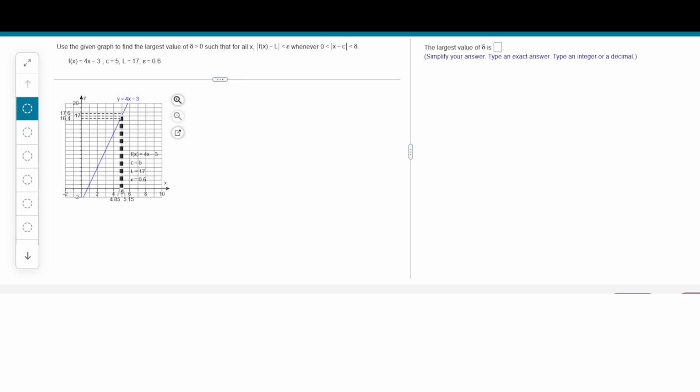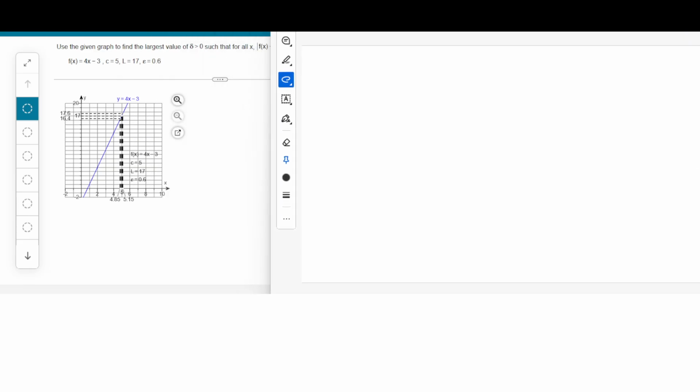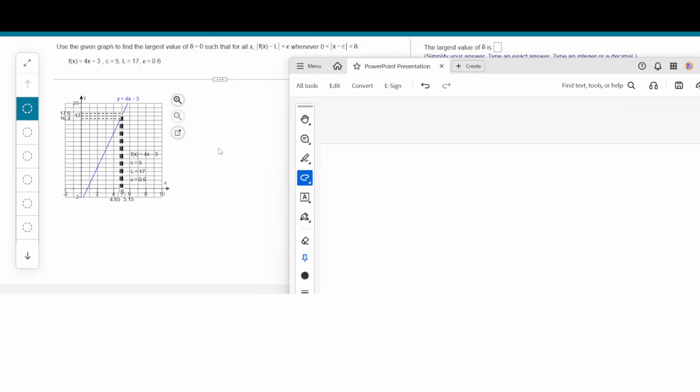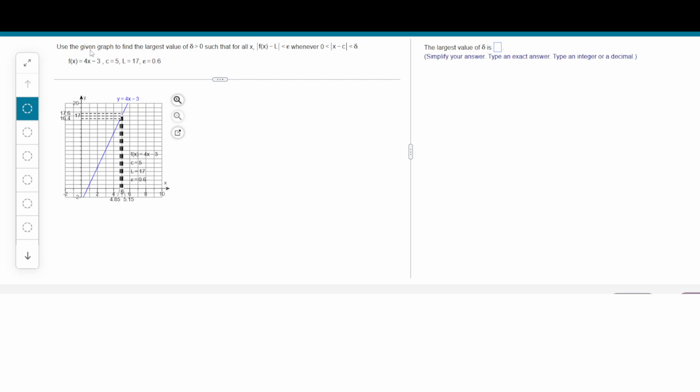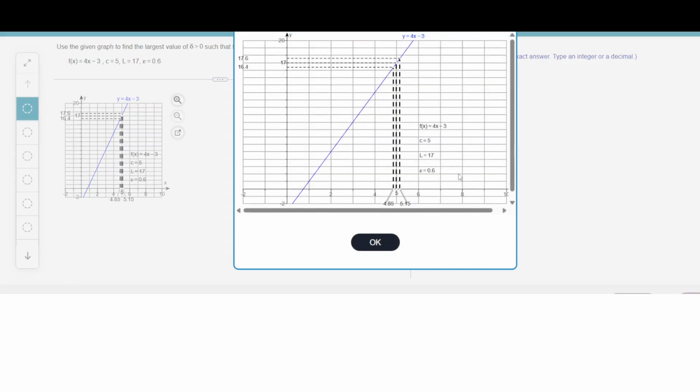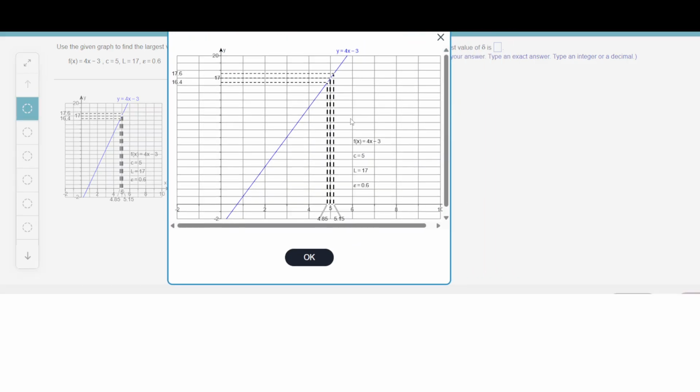Okay, so let's look at some more examples. Look at this example: use the given graph to find the largest value of delta. Whenever you are given a graph, as you can see here, for anything between 4.85 and 5.15, the image of that input goes inside this interval on the y-axis.